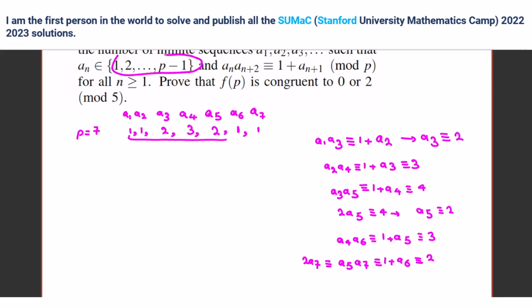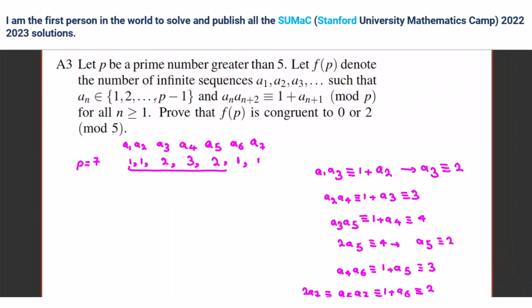Which element is not possible? If we reach a certain value, then we have a problem. Look, when we consider mod P, what are all the numbers mod P?